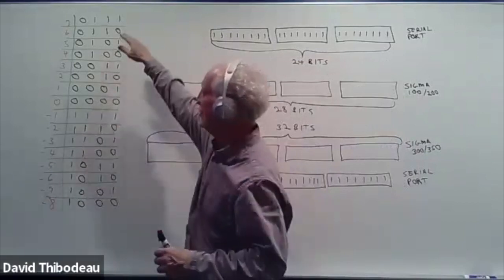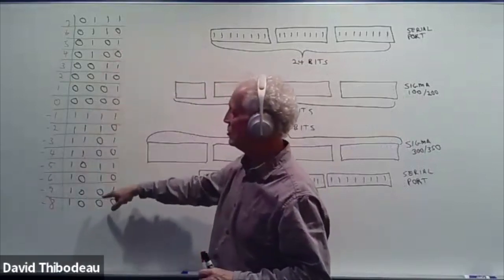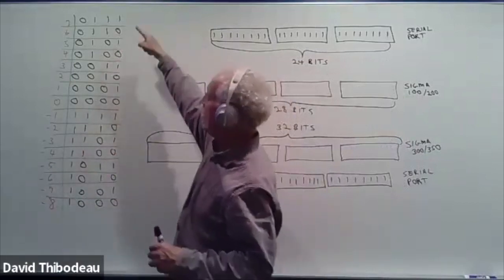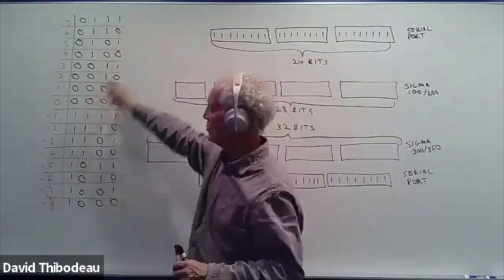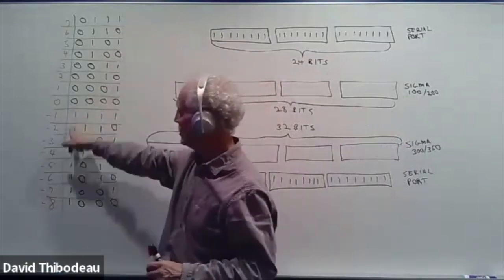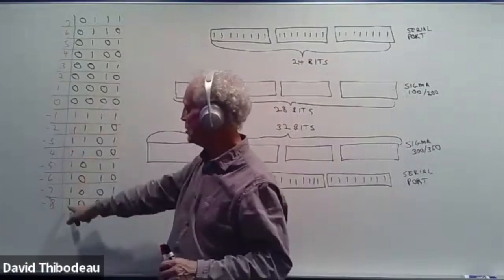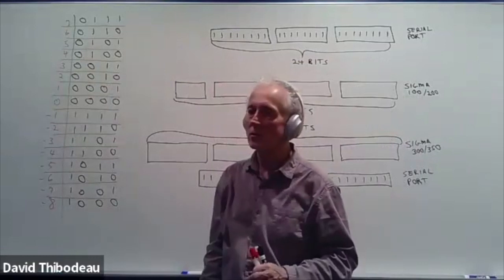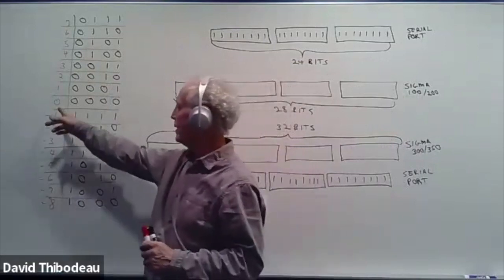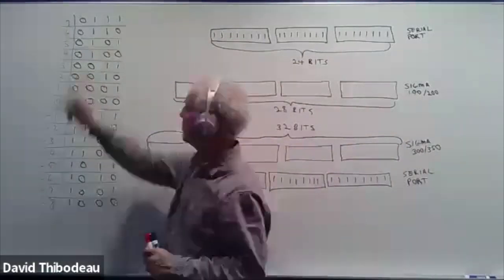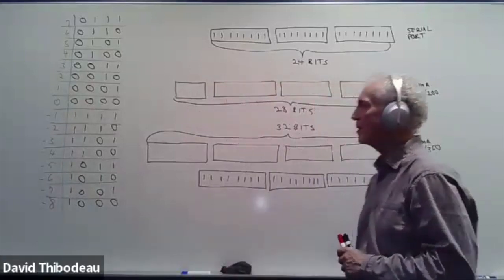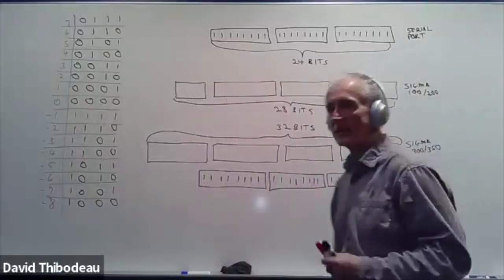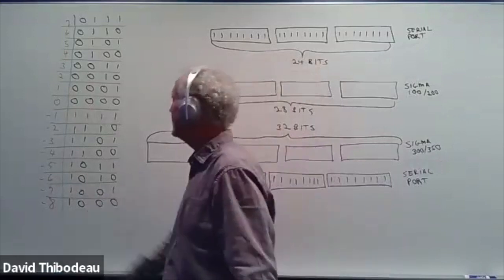Over here, I have a chart showing 2's complement, positive and negative numbers of 4 bits only, with the sign bit showing a 1 means it's a negative number, and for positive the sign bit is 0, and then I have the decimal representation. Actually, I guess that's hexadecimal as well.